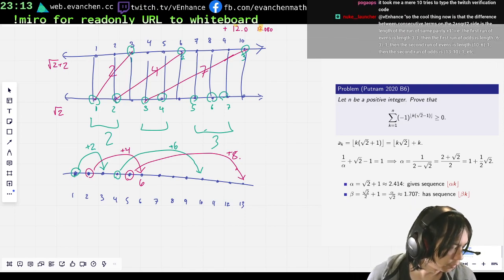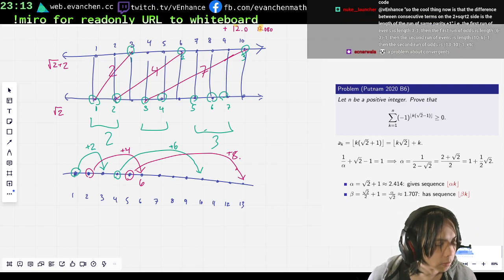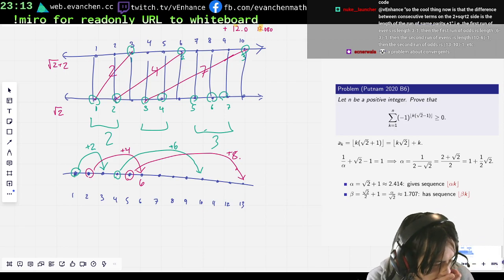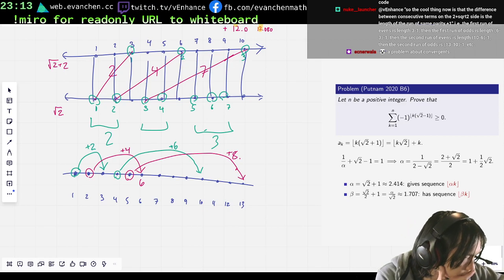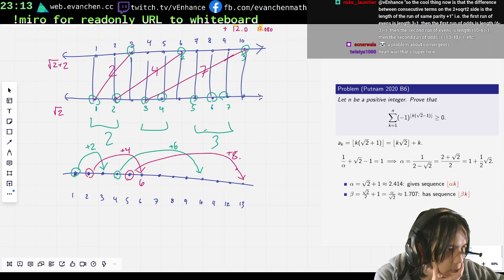The first one of evens is lane 3, minus 1 equals 2, and the first one of odds. Convergence, yeah. All right, hang on, let me parse this.